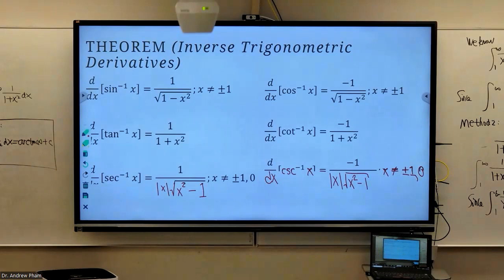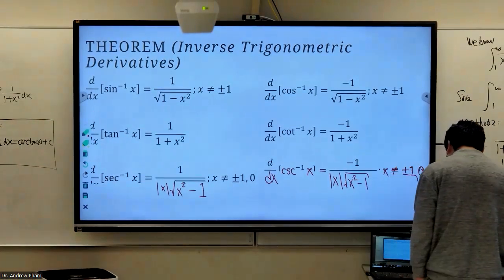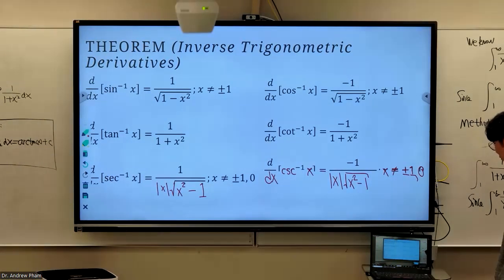So we have these 6 inverse trigonometric derivatives. I highly recommend that you keep these written down somewhere for reference. I'll give y'all any time to copy these before I move on to the last thing for today.